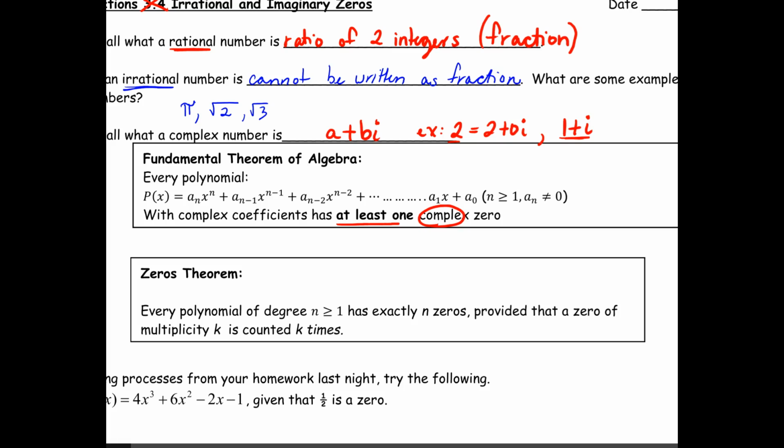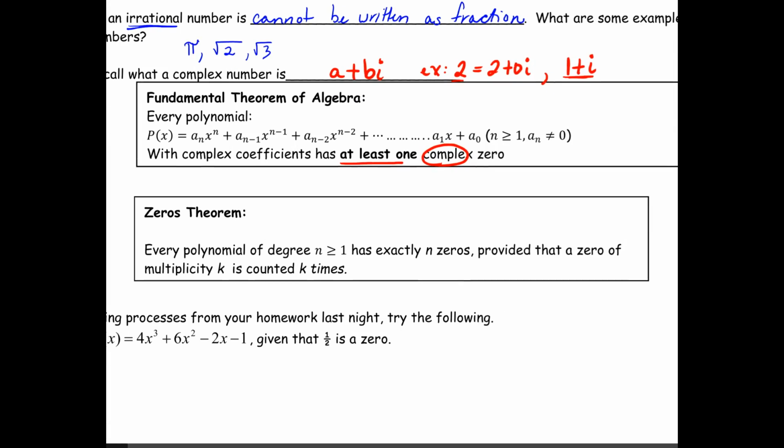Now the next theorem I actually think is more helpful. It's called the zeros theorem. And the zeros theorem states that every polynomial of a degree where n is greater than or equal to 1 has exactly that amount of zeros, provided that a zero of multiplicity k is counted k times, meaning it could have multiple zeros. So let me kind of bring that home with an example.